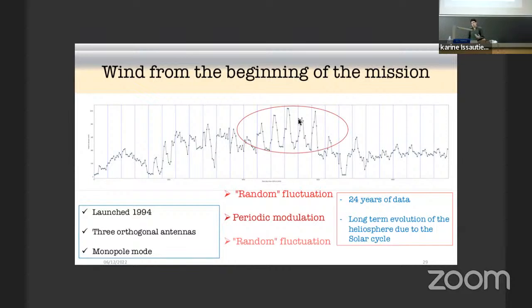I could also do it for STEREO B, but it's not really useful because it's a really short time period. With this analysis, I will probably see those modulations on an annual basis, and those long-term modulations, so I can distinguish the long-term modulations I'm interested in.